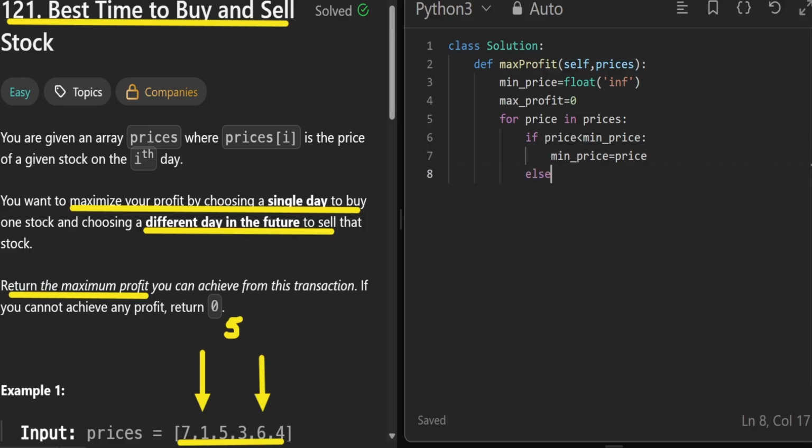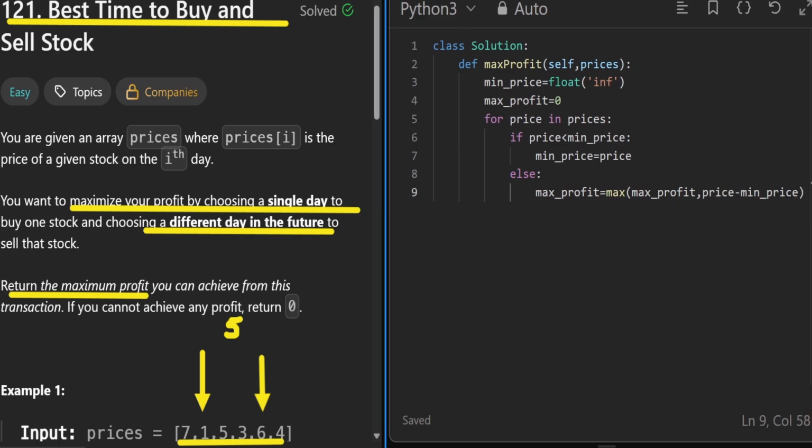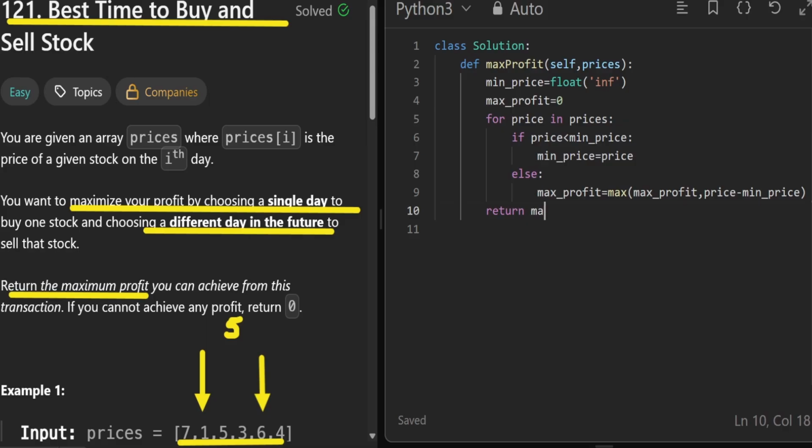Otherwise, if the price is bigger than the current min price, then we subtract the current min price from it, and if the difference is bigger, update the current max profit accordingly. By the end of this loop, max profit holds the maximum possible profit.